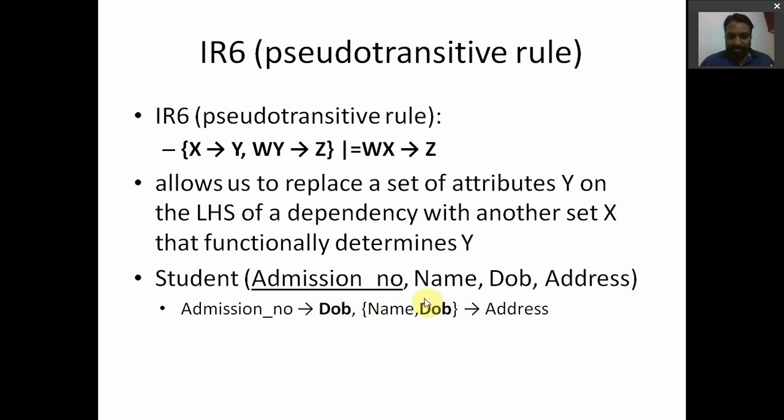Then we can replace this date of birth with X, that is admission number, because admission number functionally determines date of birth, and we get name, admission number to address. So this functional dependency will also hold in that relation. This is known as the pseudotransitive rule.